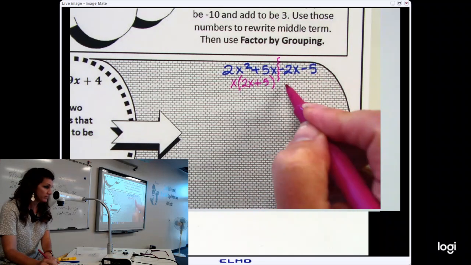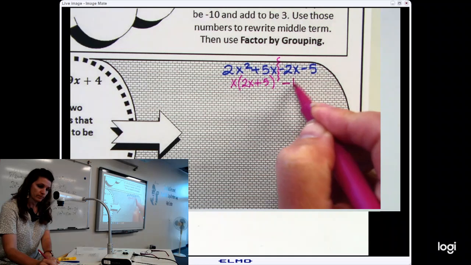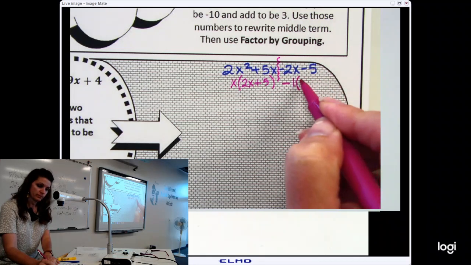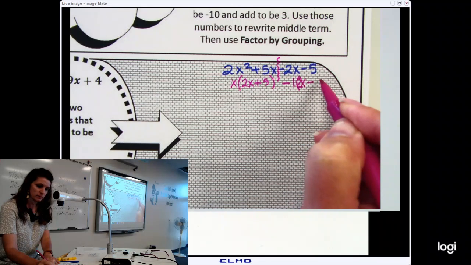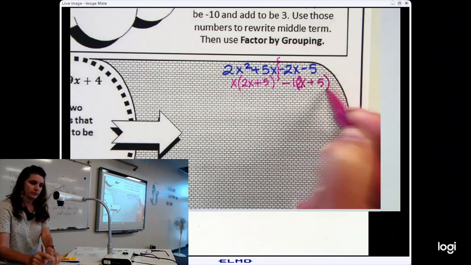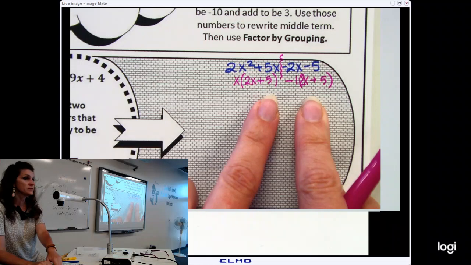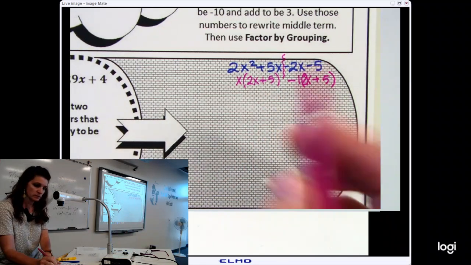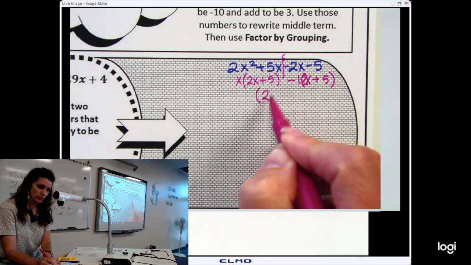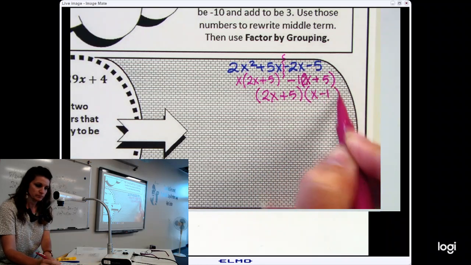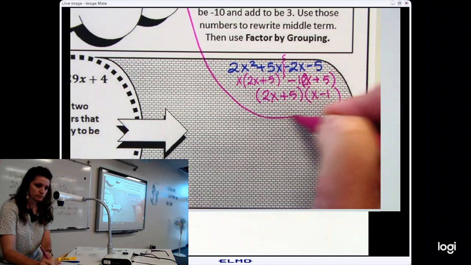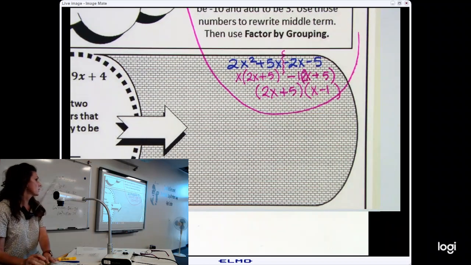Negative 1. Whoops, lost my 2 there. 2x plus 5. Do I have matching parentheses now? Yes. So that factors to 2x plus 5 and x minus 1.